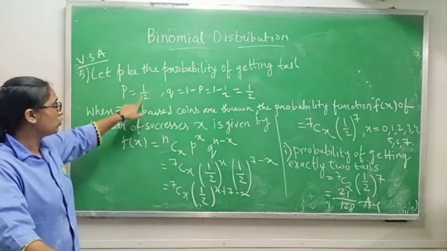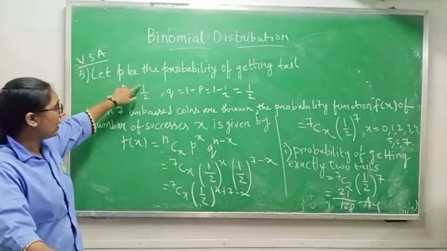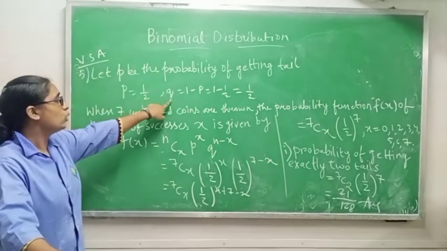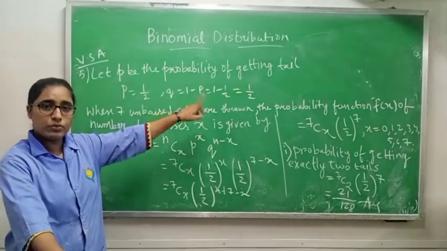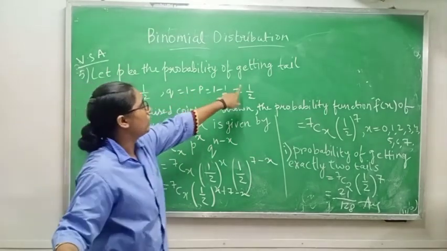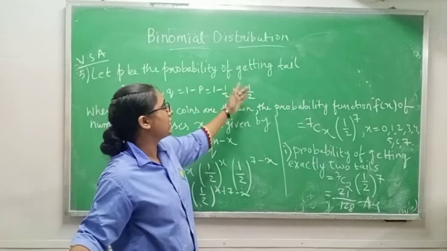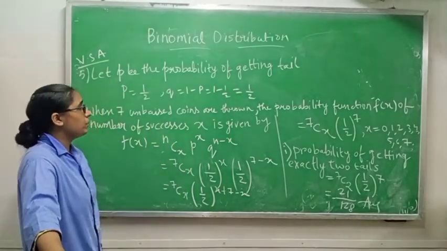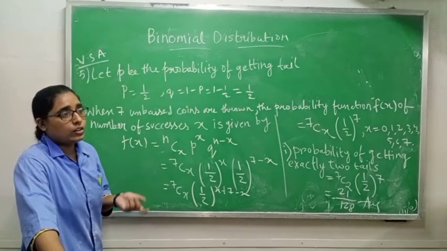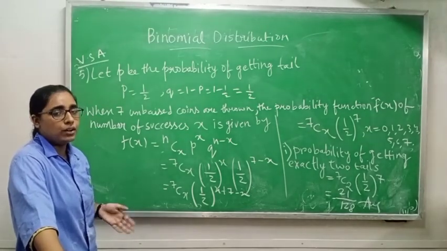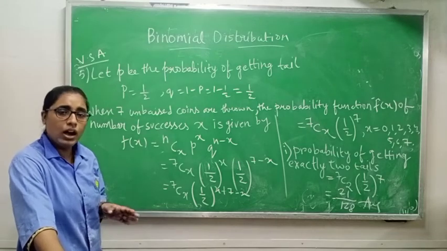We are getting one tail, so p = 1/2. Now the q value is 1 - p from the formula. P is half, so 1 - 1/2, when you take LCM, gives us 1/2 only. So whenever this type of question is given where coins are tossed, p is always equal to half and q is always equal to half.